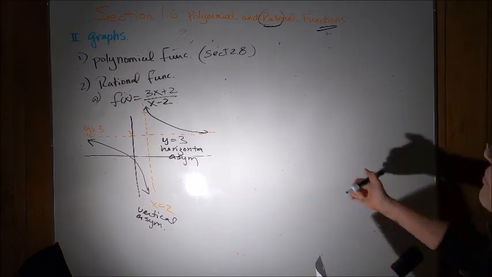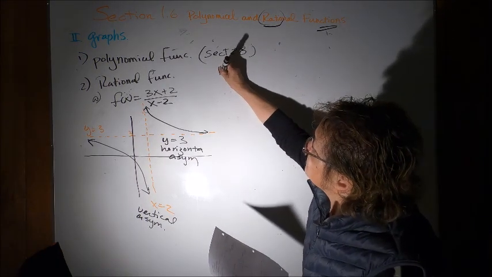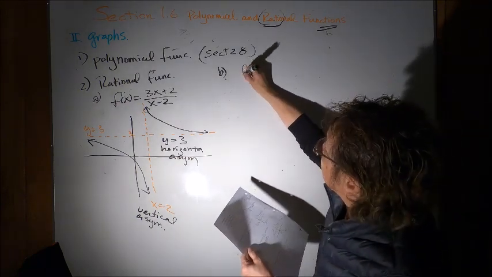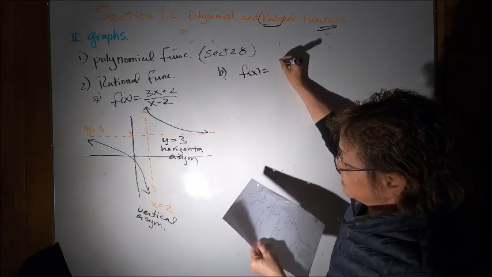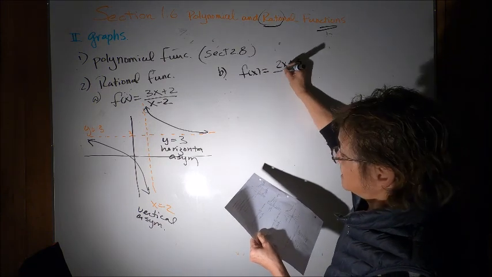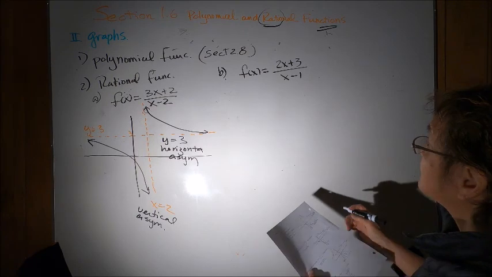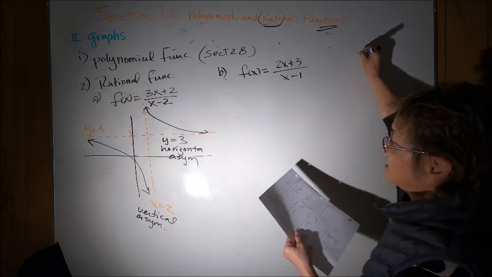Then let's take a look at another one. If I have f of x equals (2x plus 3) over (x minus 1), when we graph it, it will look like this.